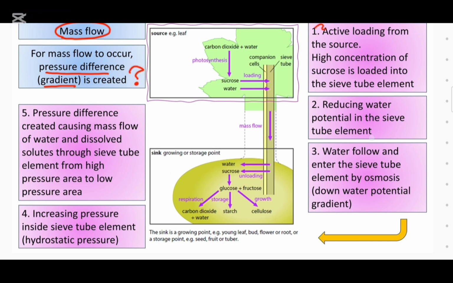So the first thing that needs to happen is the active loading of sucrose. Why does this have to happen? Because there has to be a high concentration of sucrose in the sieve tube element. So there's a lot of sucrose in this sieve tube element, or sieve element, that I wrote earlier.